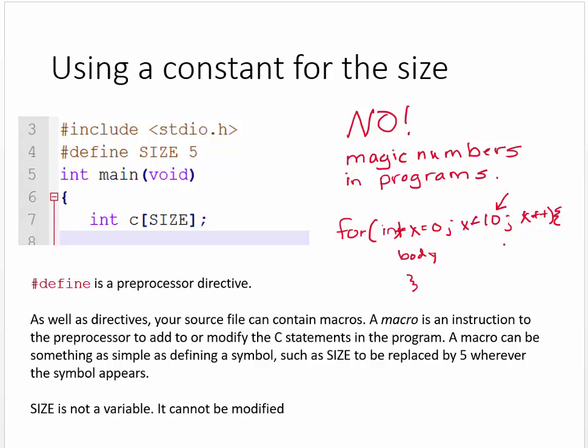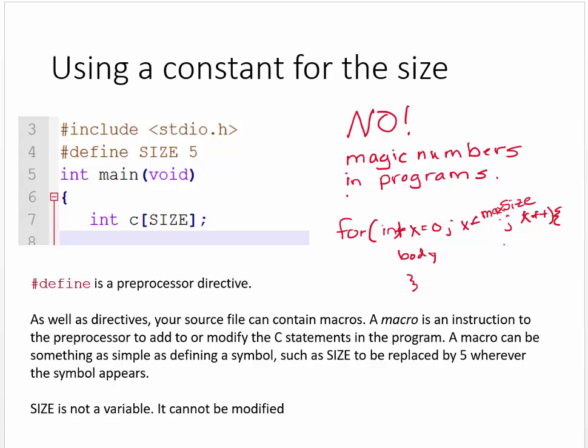So a more proper way to define this, 10 is a magic number, right? By the way, that's what a magic number is. Just some number that shows up in your program, and then somebody else looks at it and says, why is it 10? So maybe in my for loop, I have x less than max size, or maybe you called it max size or something like that.